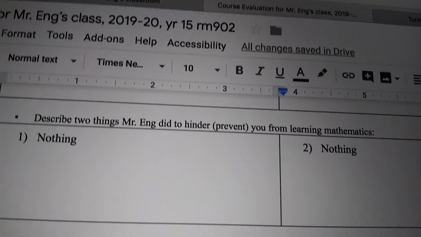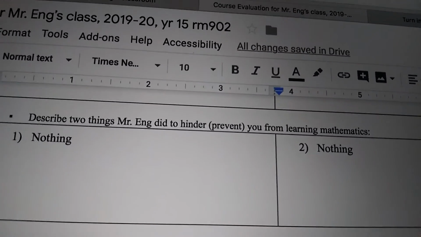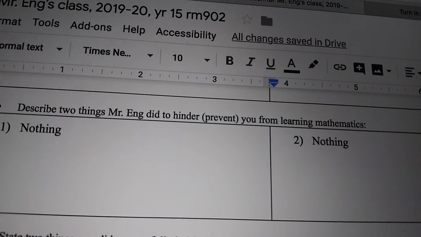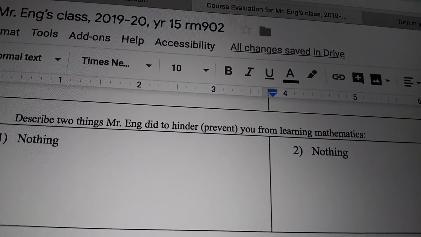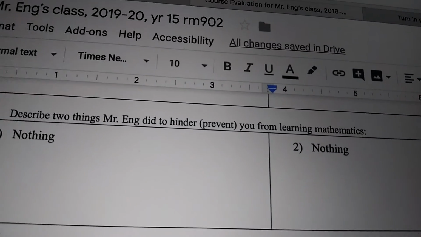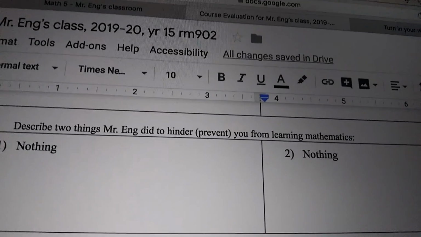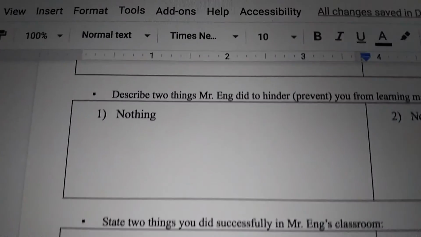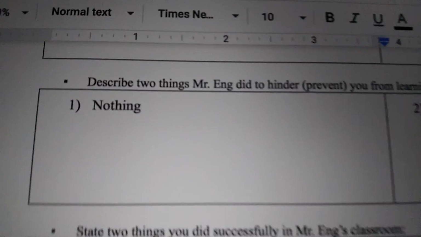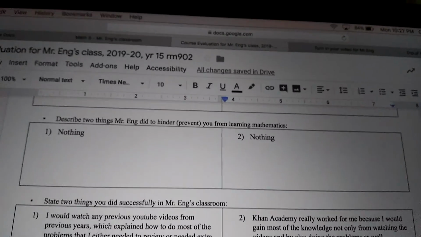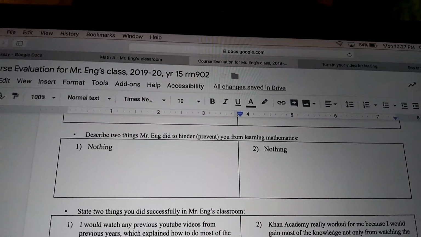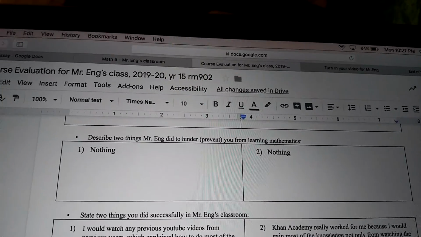For the next question, it says, describe two things Mr. Eng did to hinder, which means prevent you from learning mathematics. As you could see, for number 1 and 2, I put that he did nothing to prevent me from learning mathematics.